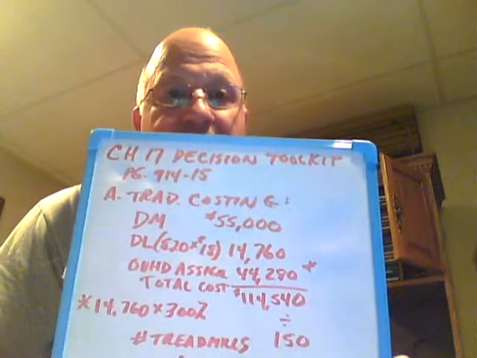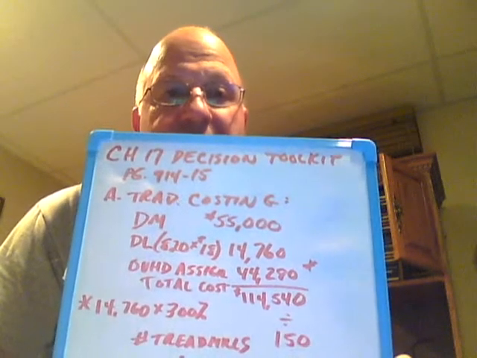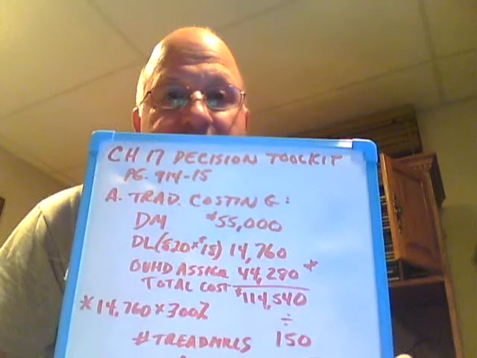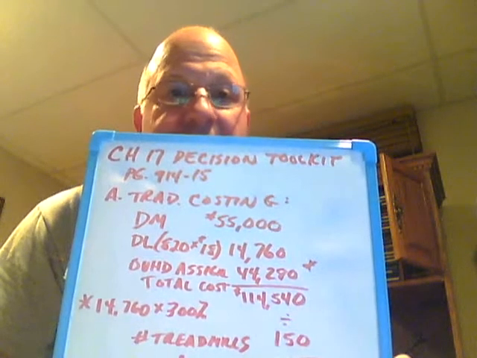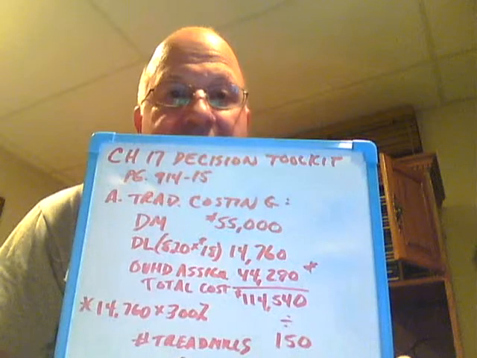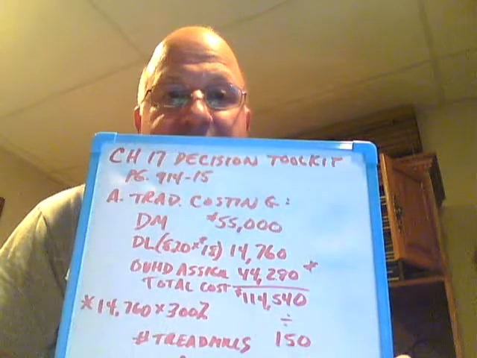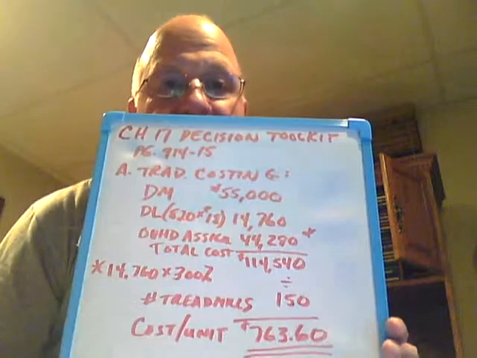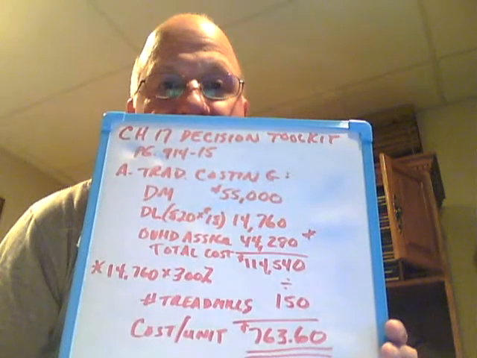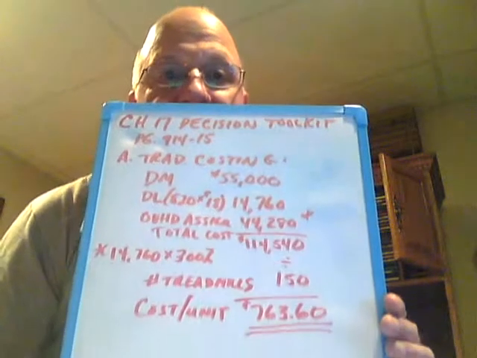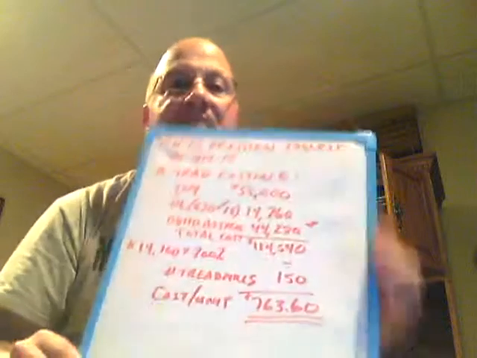So that means our total cost of producing these treadmills, 150 of them, is $114,540. So when we divide that total by the number of treadmills, we get a cost per unit of $763.60 under the traditional method.